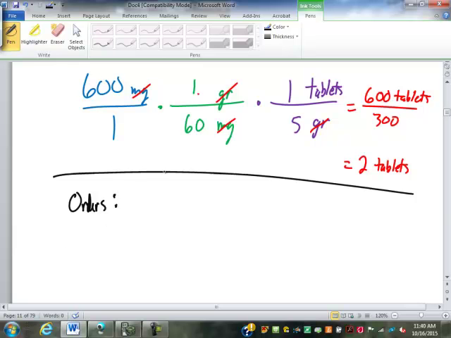Doctor orders 300 milligrams of medication. On the label, you have GR SS per fluid ounce.